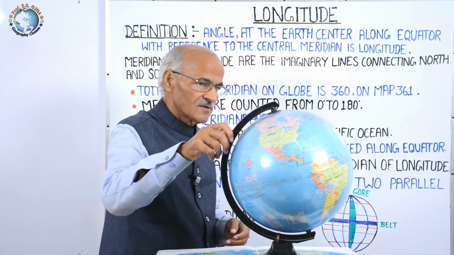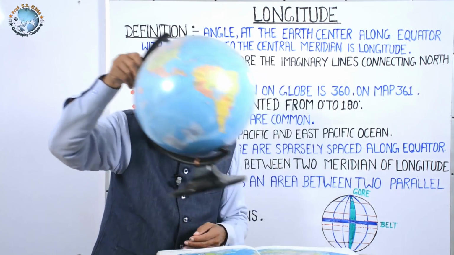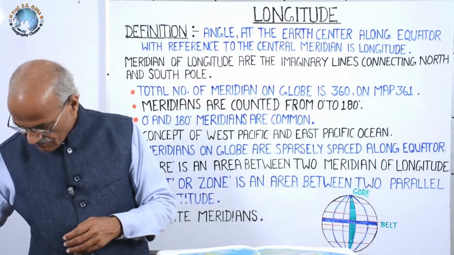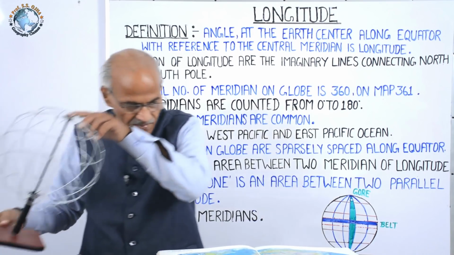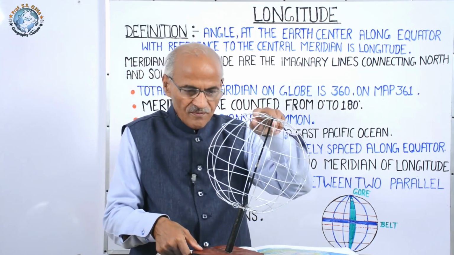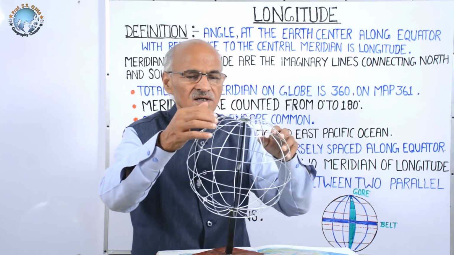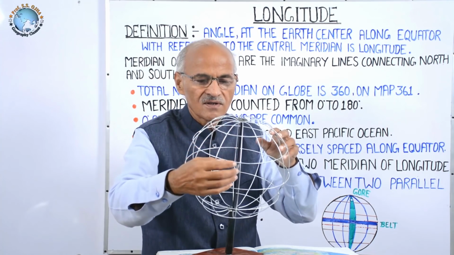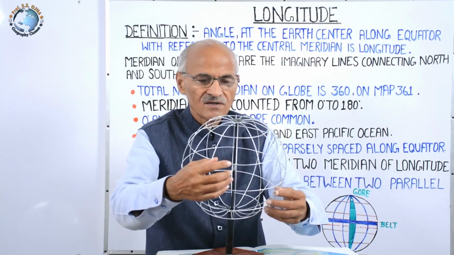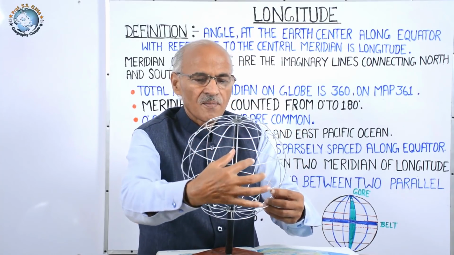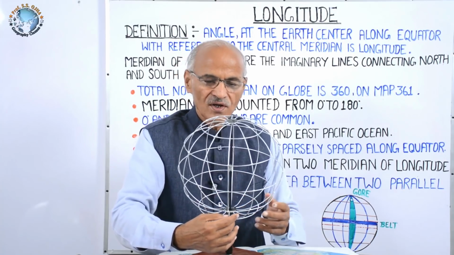After understanding the importance of the East and West Pacific, now let us see that there is a concept of Gore. Gore is an area between two meridians of longitude. Suppose this is the 0 meridian of longitude and this is the 30 degree east meridian of longitude. This area between the two meridians is a Gore.